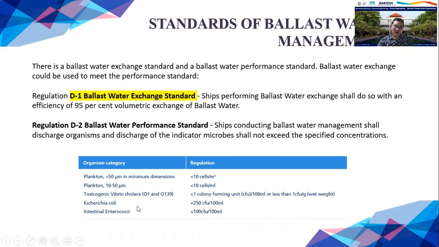So this is the requirement. Therefore, when a ship discharges, the ballast water shall meet this requirement if conducting ballast water treatment, right? If the ship conducted ballast water management, it's not ballast water exchange.